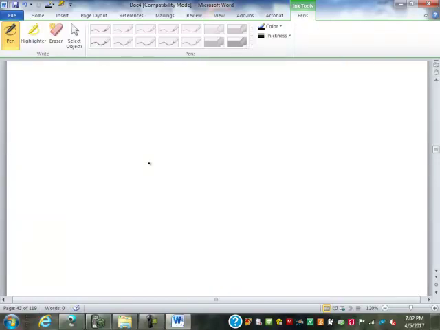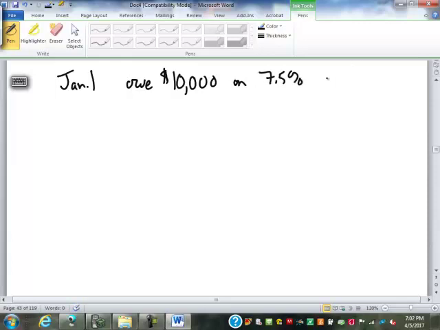I'm going to use some relatively simple numbers here. On January 1st, you owe $10,000 on a car loan. And let's say you got a little higher interest rate, so we're going to do a 7.5% car loan.